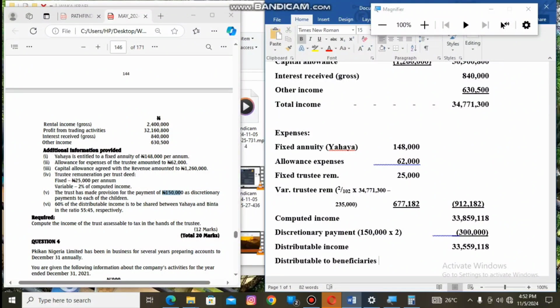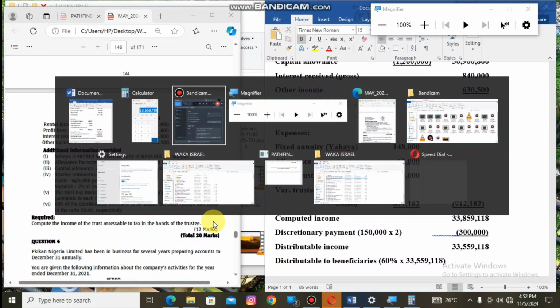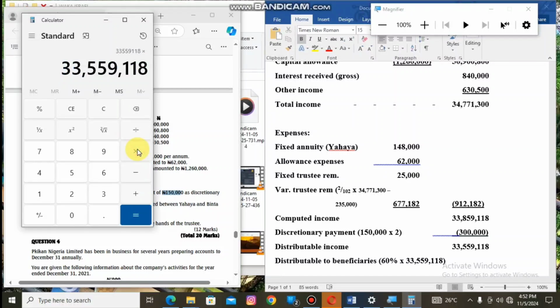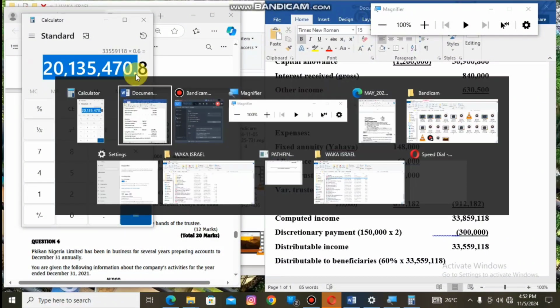We are giving them 60% of the entire amount. Then the remaining will be retained in the hands of the trustee. So let's work that on our calculator. 60% of this figure, times 0.6. That will give us approximately 20,135,471.